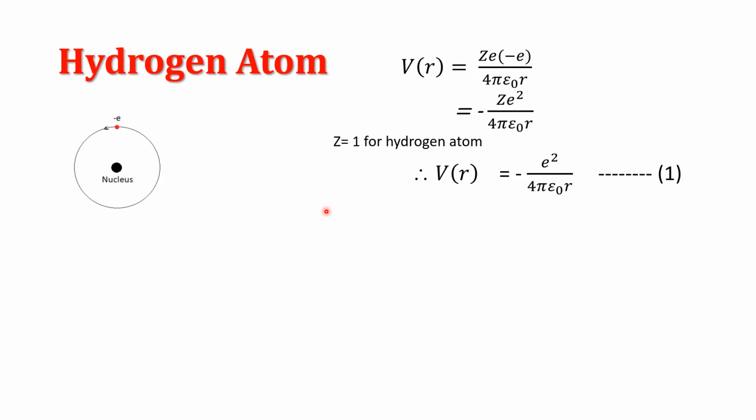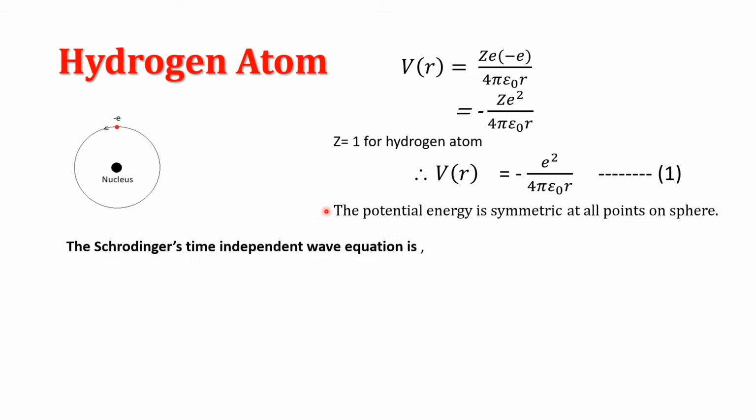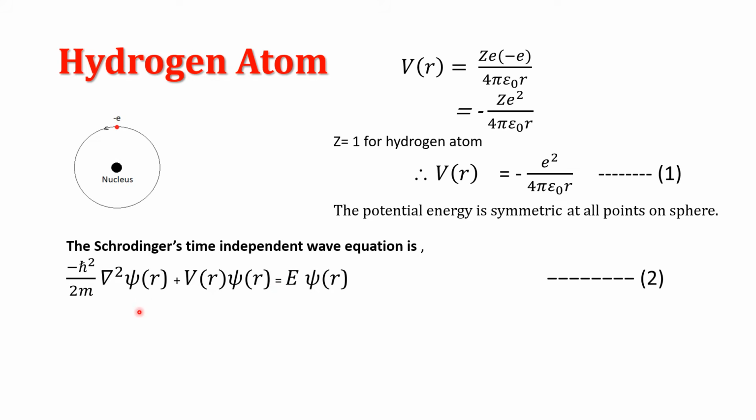Firstly, find the Schrodinger steady state equation for the motion of the electron in a hydrogen atom. Potential energy is independent of time, hence we use the steady state equation. That equation is the Schrodinger time independent wave equation: minus h cross square by 2m del square psi of r plus V of r psi of r equal to E psi of r, where del square is the Laplacian operator.